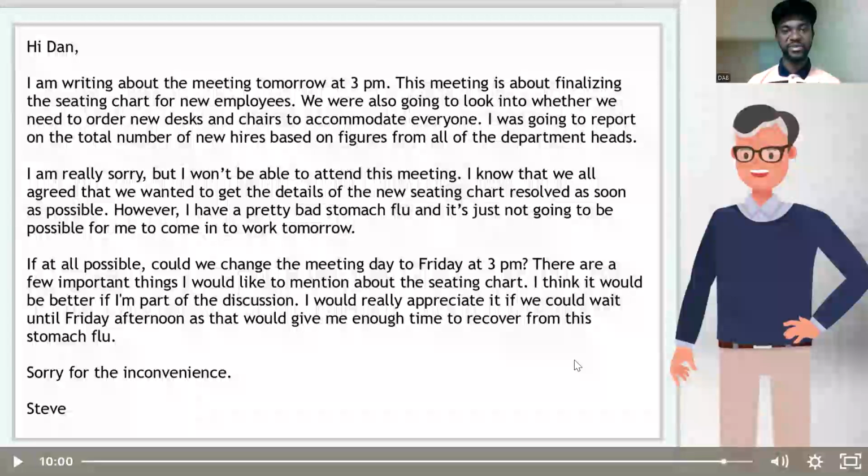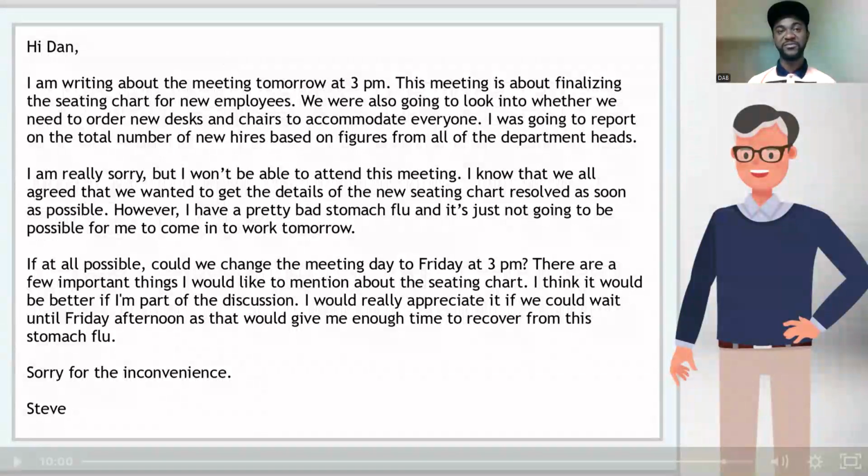Okay, so looking at this as the writing task 1, that is writing an email, one thing that I want you to take note of is that when you're writing to someone formal, it is similar to writing a formal letter. But with this email, there isn't any address.